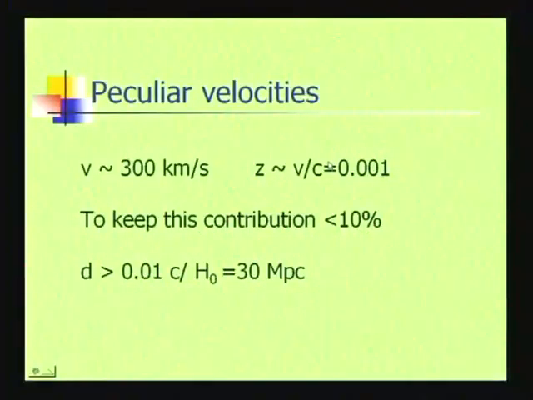Now, if you carry out observations in the very near universe and you want to determine the Hubble constant, then the peculiar velocity can potentially make a significant contribution. So, if you want to keep the uncertainties due to the peculiar velocity to less than 10%, you have to go to a redshift where the Hubble redshift is 10 times this.